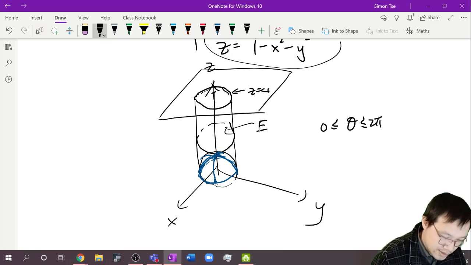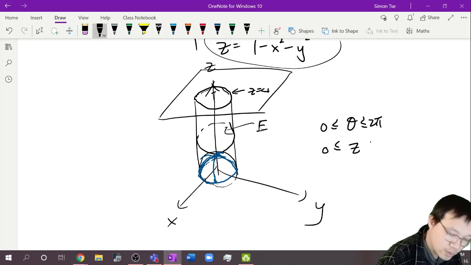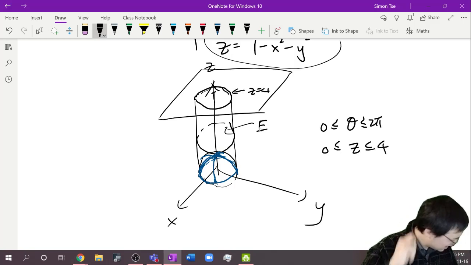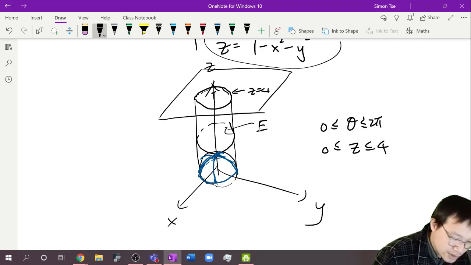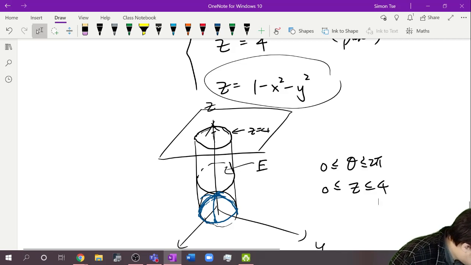Okay, and z is also easy. It's from the xy plane all the way to the top plane, which is 4. And the last thing you need to figure out is, let me see, not the bottom plane. This part's not right.